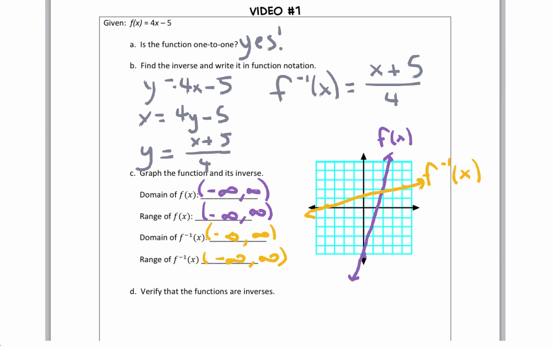So the last step is to verify that these functions are inverses of each other. So to verify that, we want to show that f of f inverse of x is equal to x, and that f inverse of f of x is equal to x.